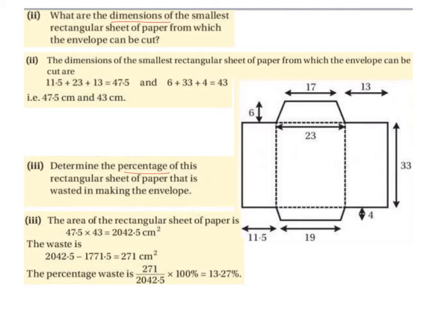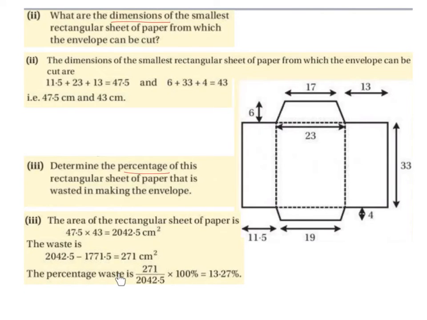So the waste is going to be the area of the rectangular sheet of paper minus the area of the actual envelope, which we got in part 1 to be 1771.5, and 2042.5 minus 1771.5 is 271 centimetres squared.